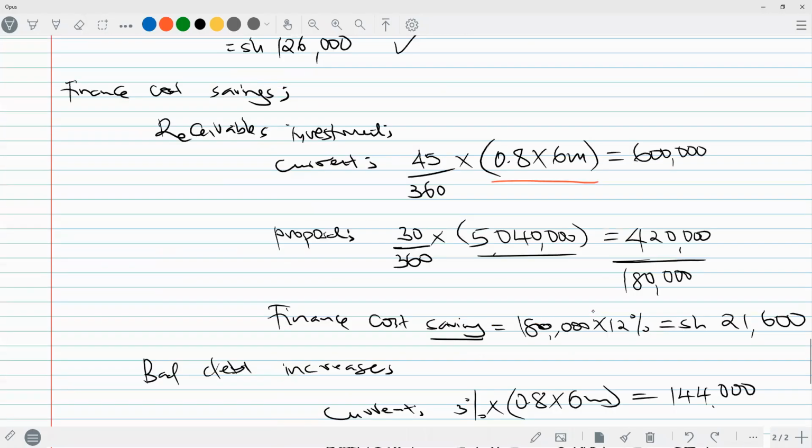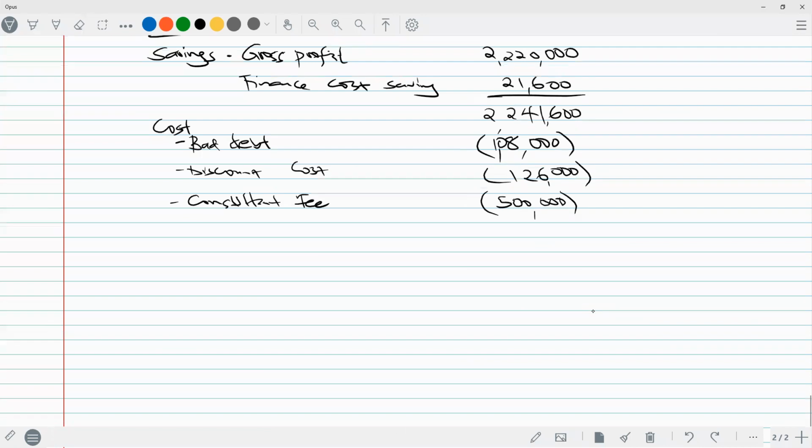And that will give us therefore the savings. Let me just call it gross savings. Gross savings therefore is how much? To give us a gross saving of 1,381,600. Don't forget these are savings.